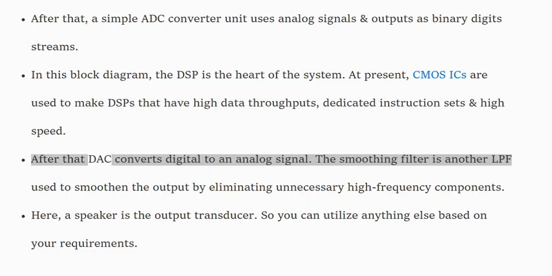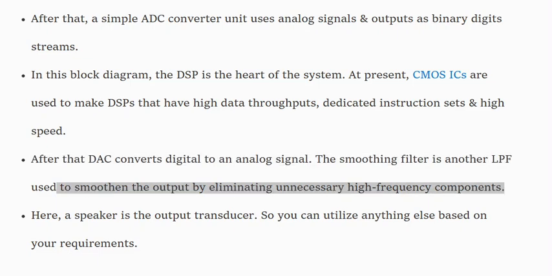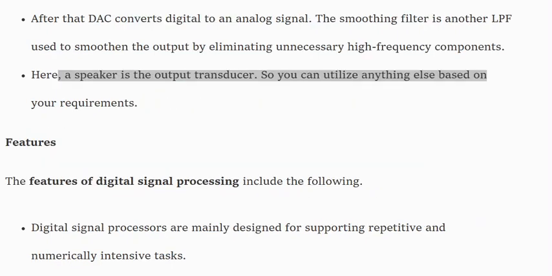After that, the DAC converts the digital signal to an analog signal. The smoothing filter is another LPF used to smoothen the output by eliminating unnecessary high-frequency components. Here, a speaker is the output transducer. So you can utilize anything else based on your requirements.